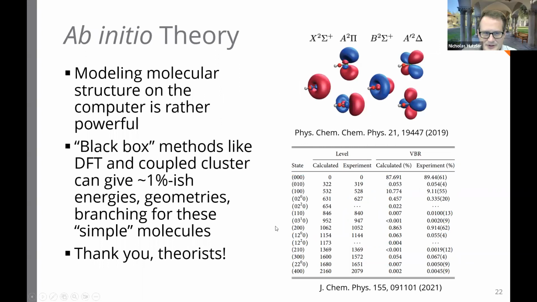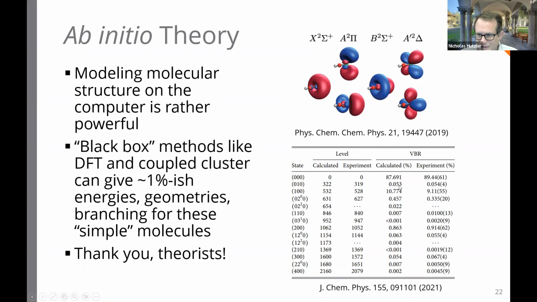These days, there's very powerful ab initio theory that allows us to model molecular structure on the computer very well. So you can get all the states for, say, this, I think this is calcium, possibly strontium, OH. You can get wave functions and orbitals for all the excited states, but also here is a very big, impressive table of vibrational branching ratios and vibrational energy levels, both measured and calculated.